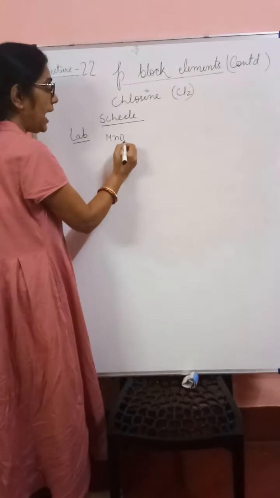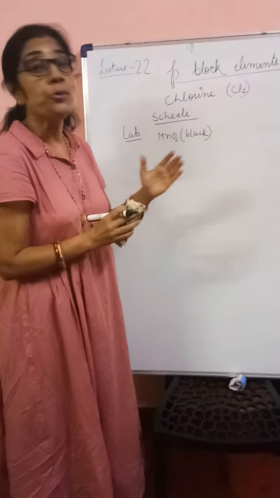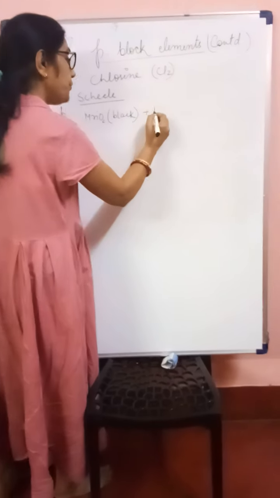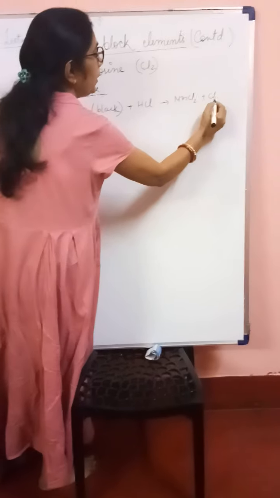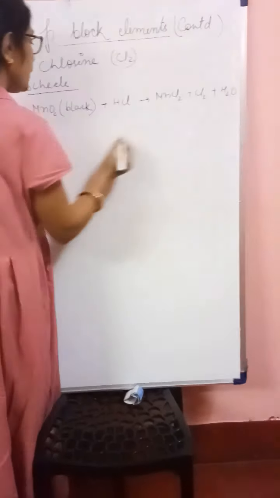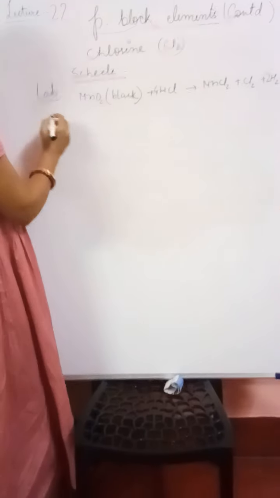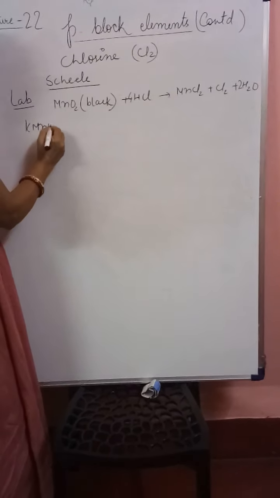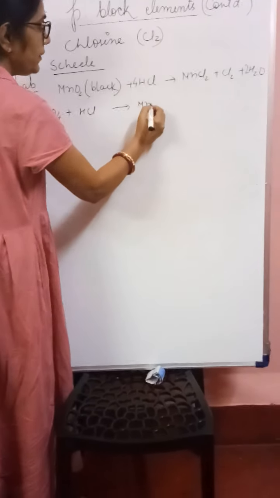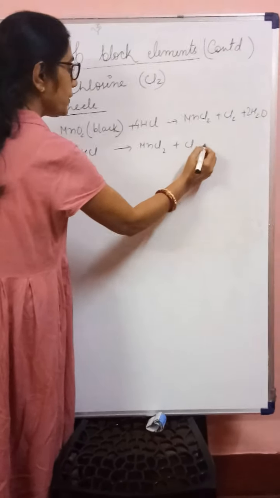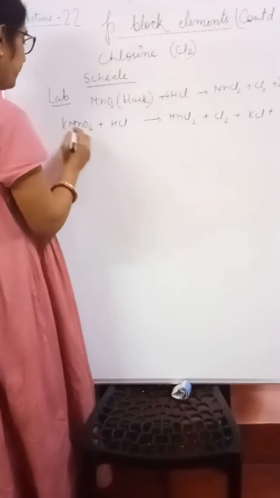Manganese dioxide, the black colored solid, pyrolusite, when treated with hydrochloric acid gives MnCl2 plus Cl2 plus H2O. Then potassium permanganate, when treated with hydrochloric acid, gives MnCl2 plus Cl2 plus KCl plus H2O.